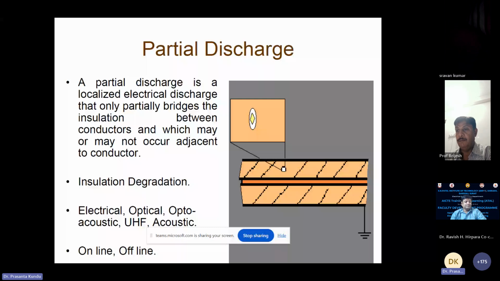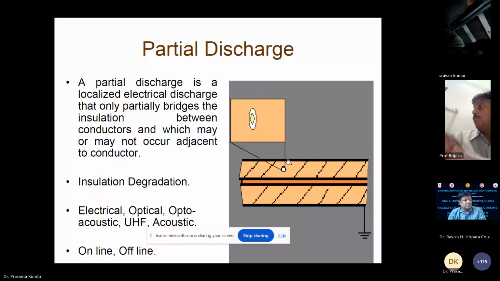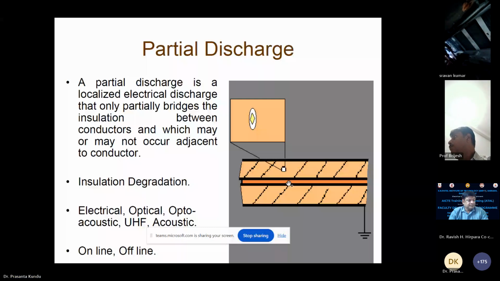If there is a uniform electric field, then there will be fewer chances of partial discharges. There will always be full discharges, where both the electrodes join together. That is why we call it bridging. From one electrode to another electrode, if that is joined, then we call it bridging.